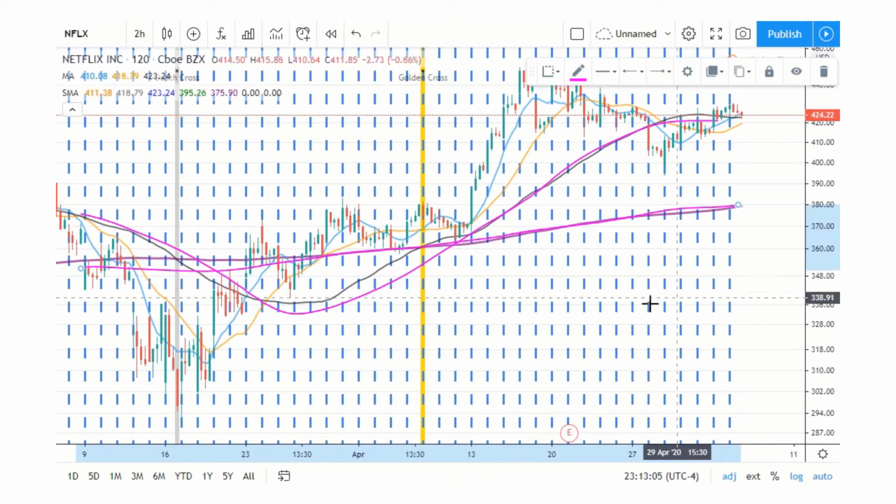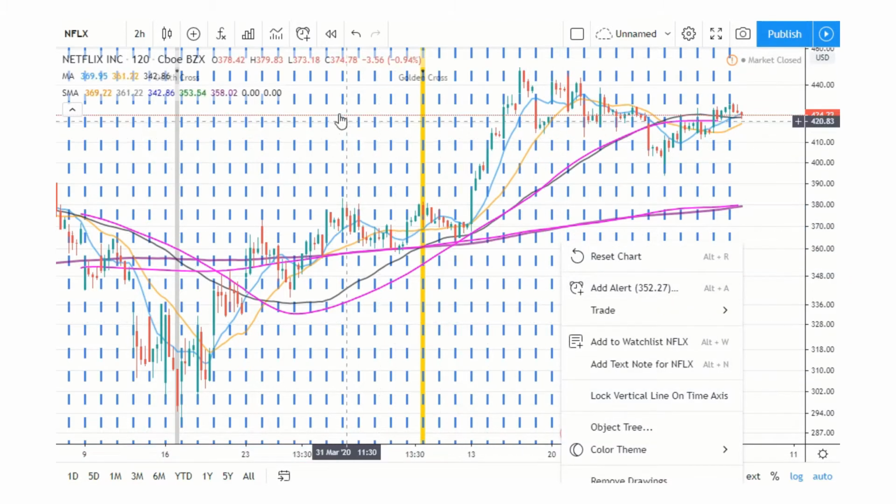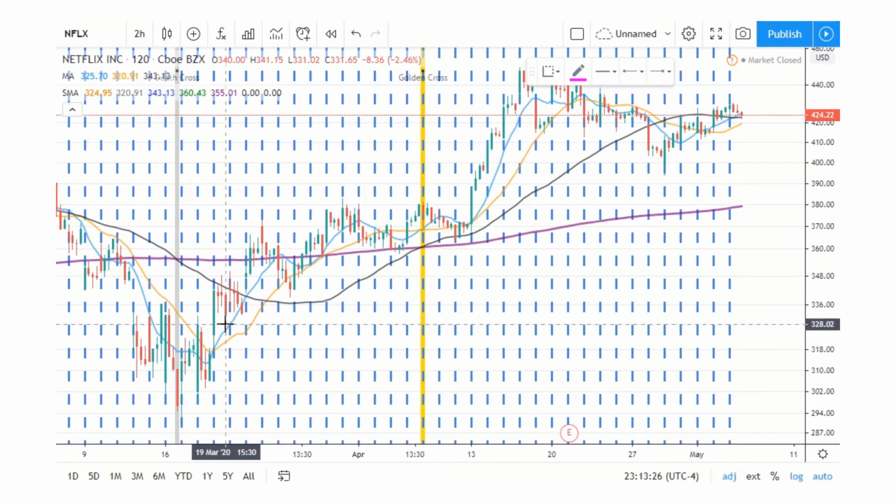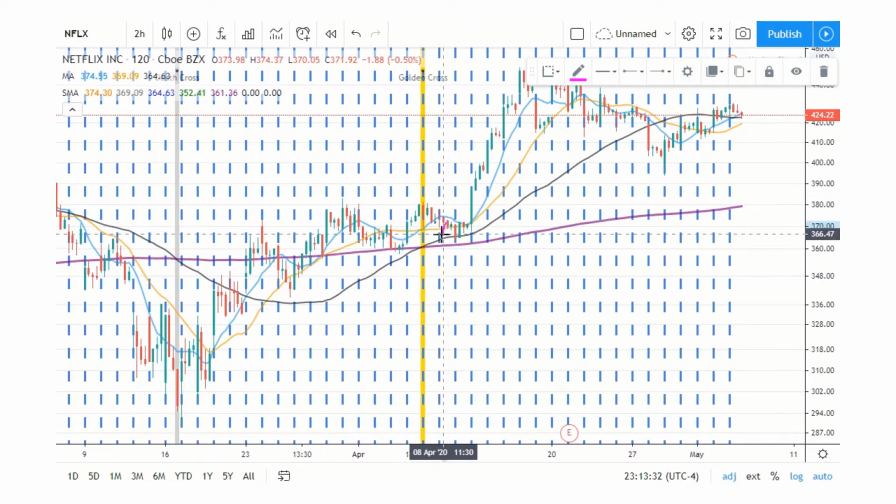Looking right here at this period in time, with the chart in the 2-hour time frame, let me remove the drawing I just made because I want you to see something. Here, the 50 moving average dipped under the 200 moving average, crossed over, and now it's here.